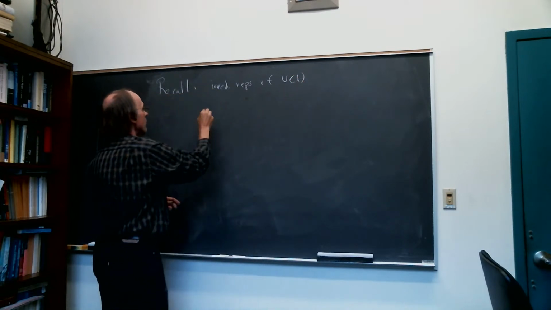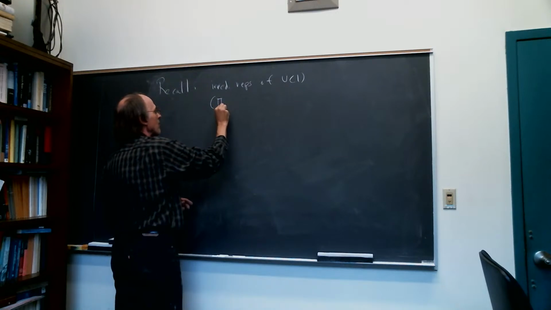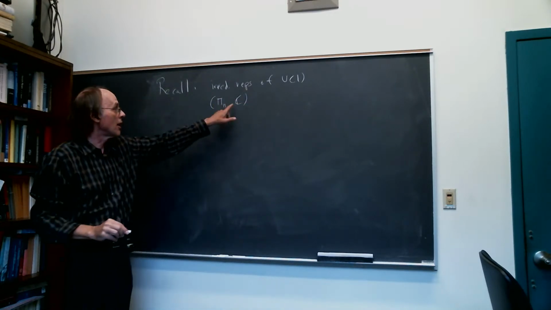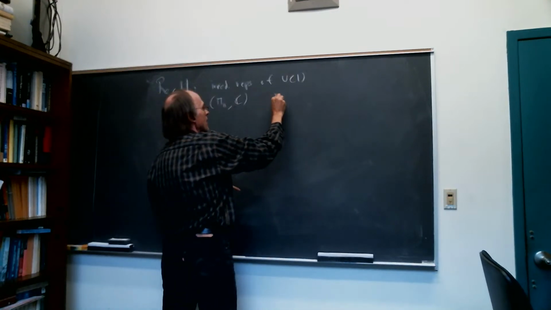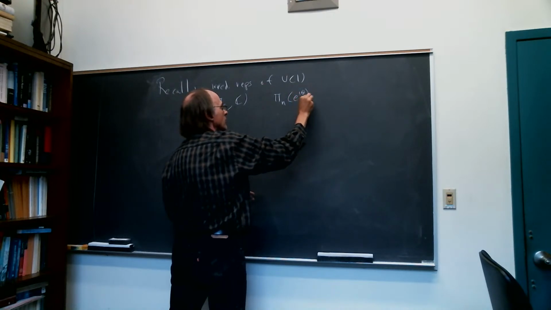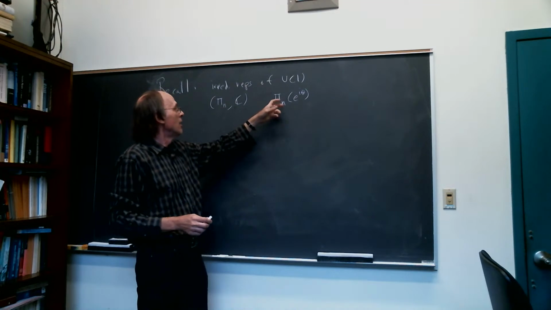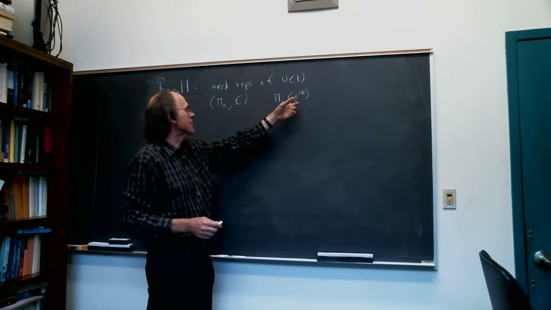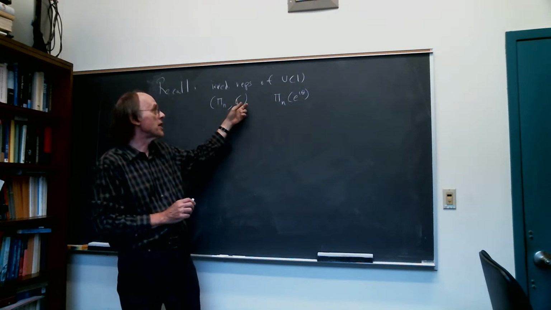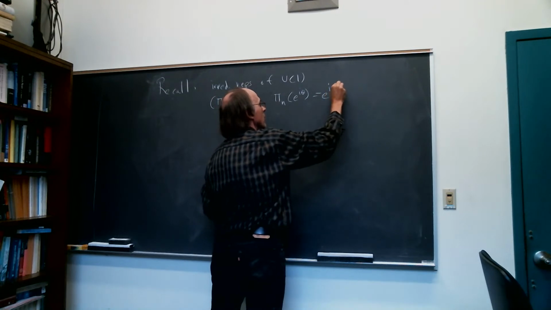What they were was given by a map called pi n, and they're all one-dimensional, they're all on C. And pi n was the map from U1, e to the i theta, to some kind of linear map operating on this guy, and it turns out it has to be unitary, and it's just multiplication by e to the i n theta.